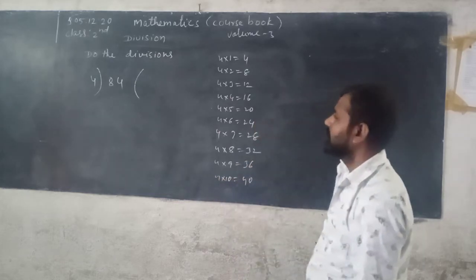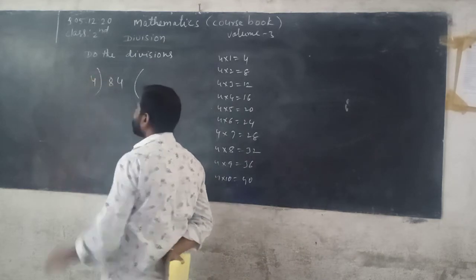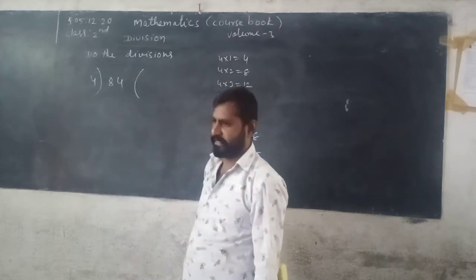See here, we have to take one digit from left to right side in the dividend.